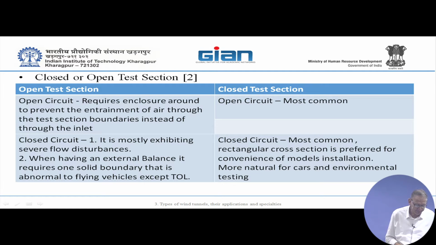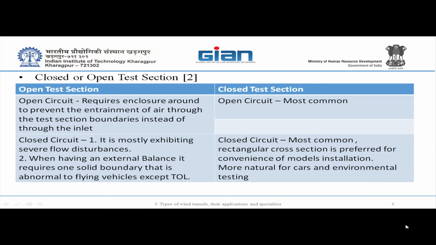But then there would be no net entrainment as such. You would have circulation in that because the mass is anyway conserved. Is this open jet type or closed loop? For the open circuit, you have a suction fan downstream. It sucks air, right?